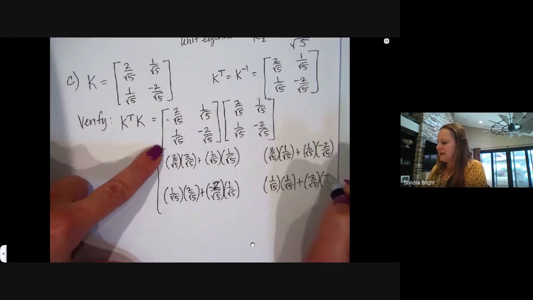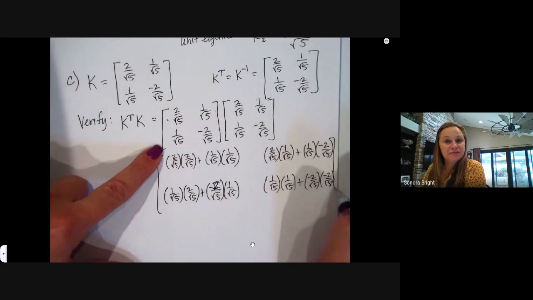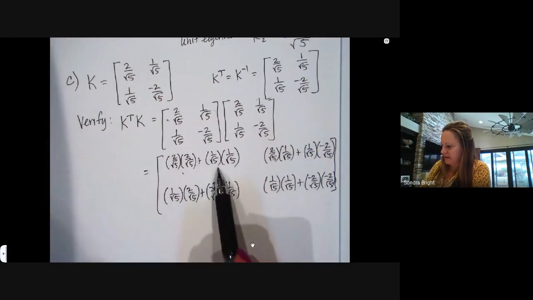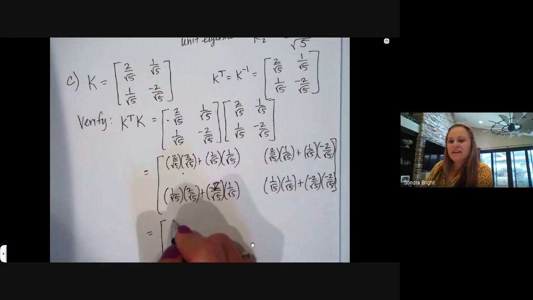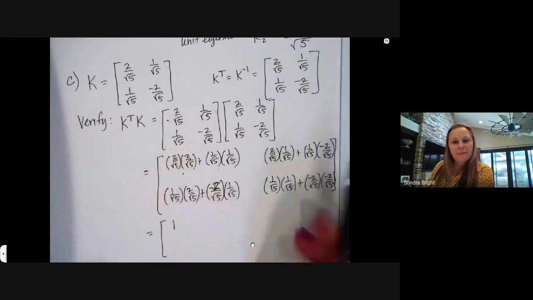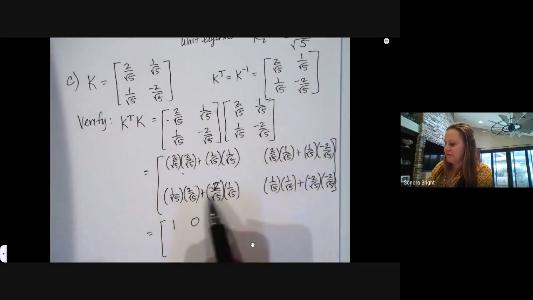All right, let's simplify it. That's 4 over 5 plus 1 over 5, which is 5 over 5, so that gives you a 1. This one, 2 over 5 plus a negative 2 over 5, is 0.